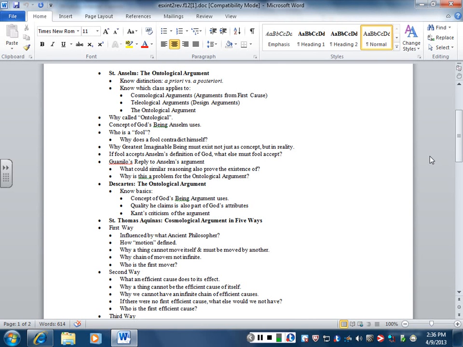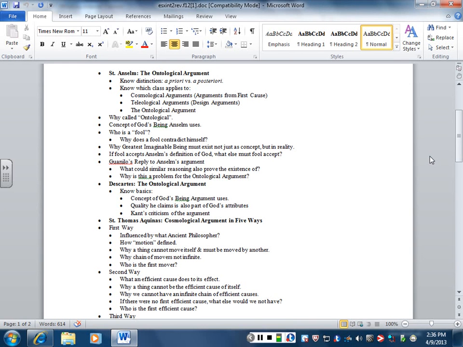In other words, a cosmological argument argues for the existence of God as first cause, C-A-U-S-E, of the cosmos, C-O-S-M-O-S. So the cosmological comes from cosmos, not from cause. And cosmological arguments are a posteriori. They're based on some observation about the world.